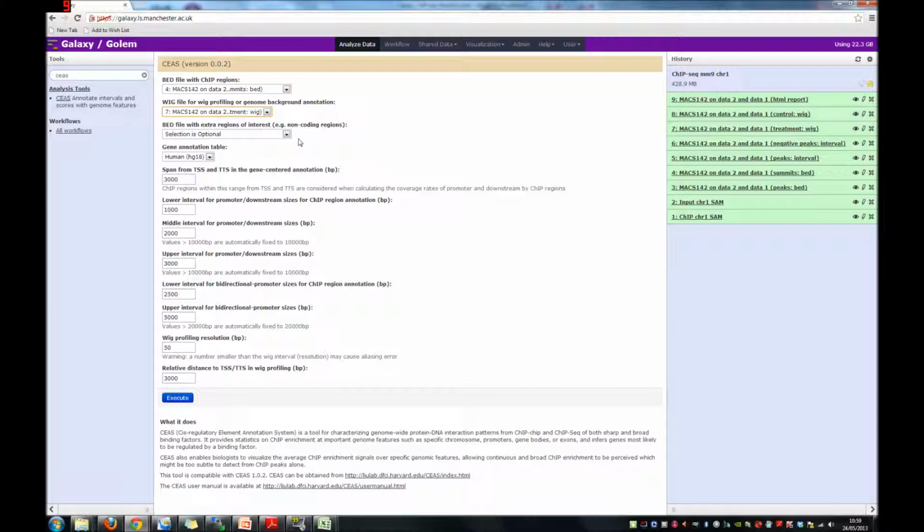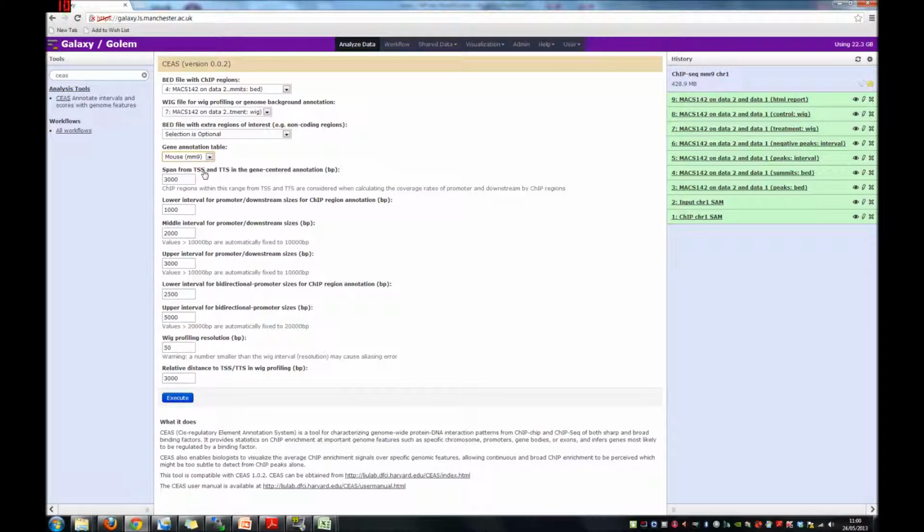You could upload that data into Galaxy and input it here, and it would also look to see where binding fragments, in the form of this WIG file, occur over your regions of interest as well, in addition to the binding regions. Okay, we have to tell it what genome we're interested in. In this case that is mouse mm9.